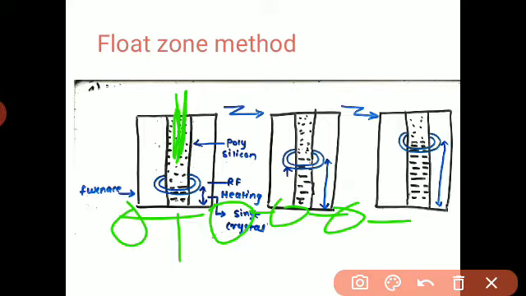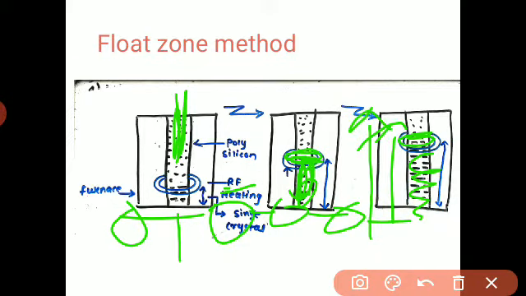Then we move our RF heating zone upward and our molten zone changes. Now again the dangling bonds will form bonding and the single crystal will form in the lower direction. Again we move the RF zone upward and get more single crystal formed.